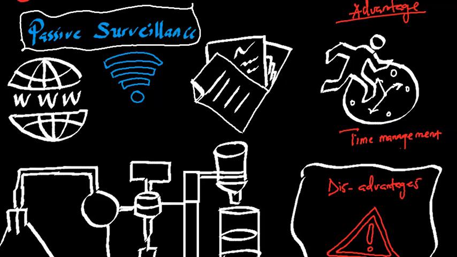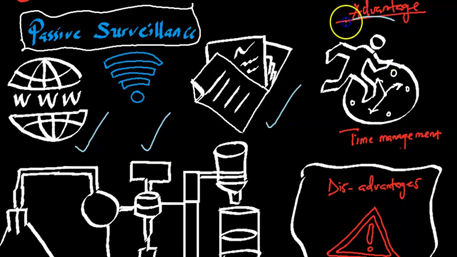In simple terms, passive surveillance relies on information that is already documented. This kind of information can be documented either on the internet or manually, or we can collect it from the laboratory or any health facilities.